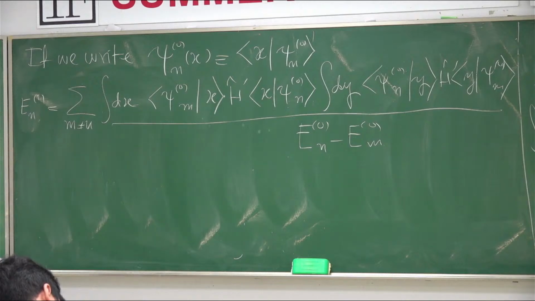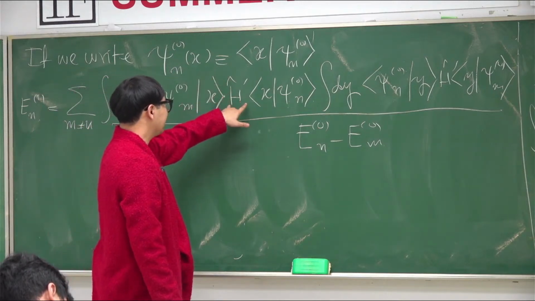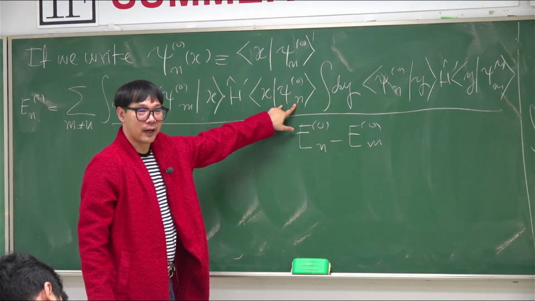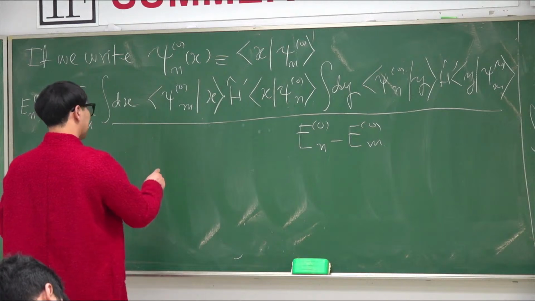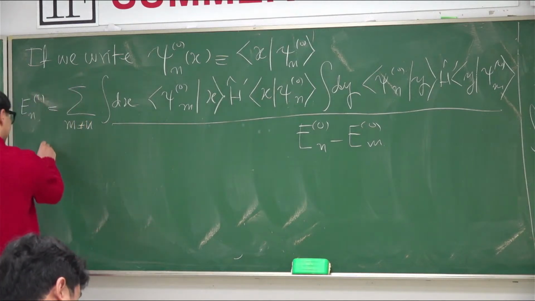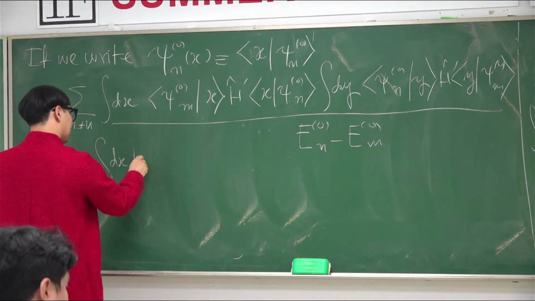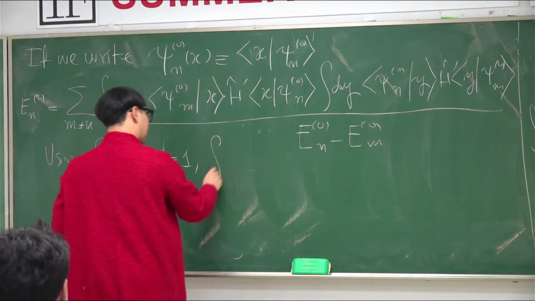So next I'm going to shuffle things around because this is going to be the energy eigenstate, right? For this Hamiltonian, then it means that, what I'm using is this completeness, right?